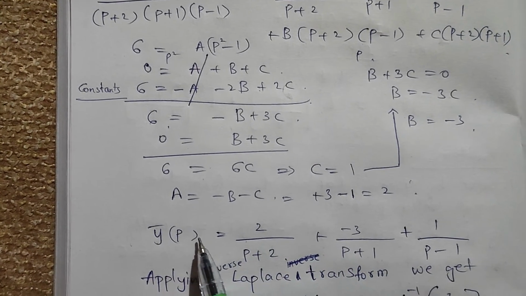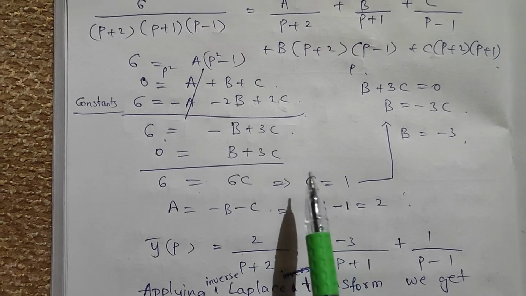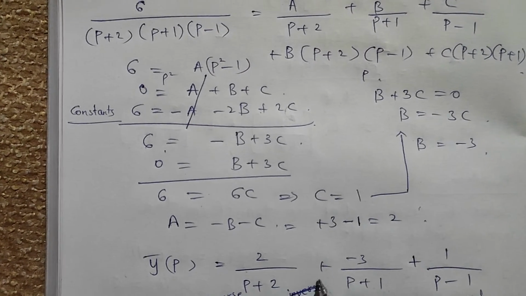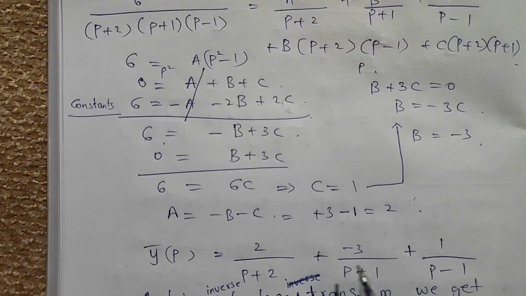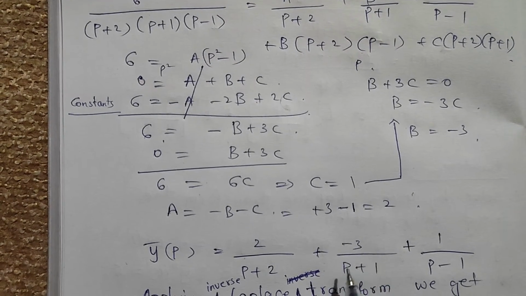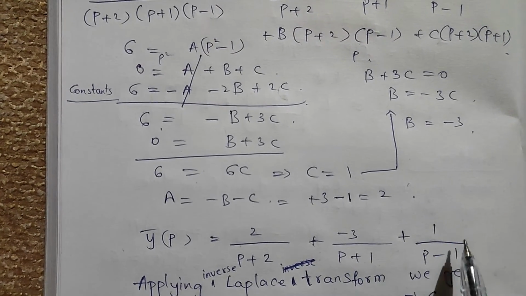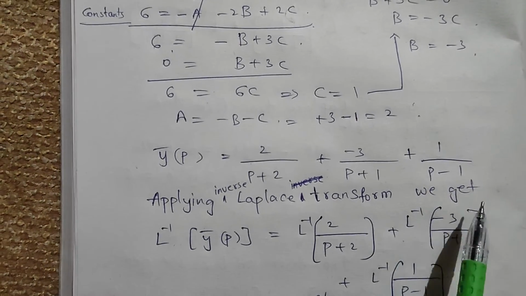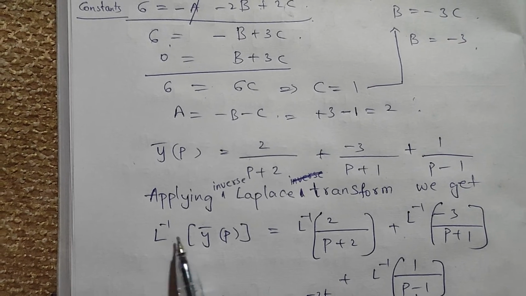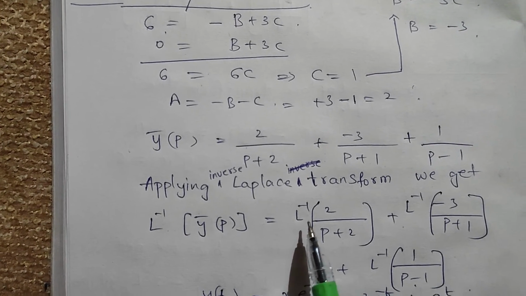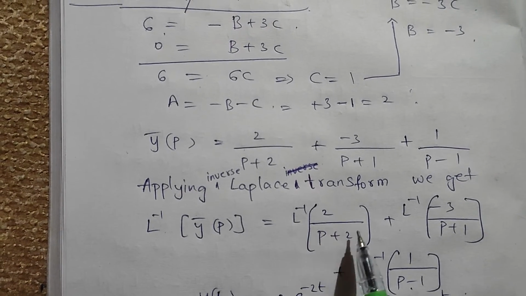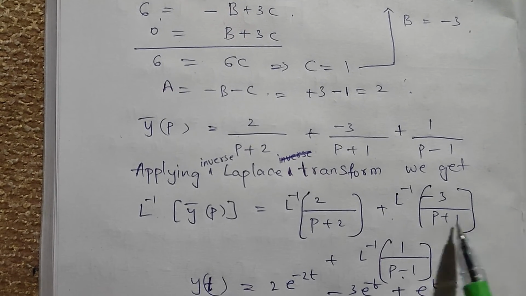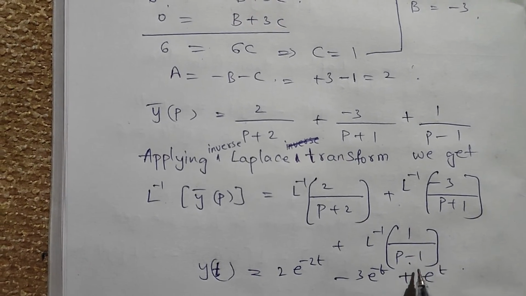Then y bar of p is equal to, we got it as, 2 divided by p plus 2 plus minus 3 divided by p plus 1 plus 1 divided by p minus 1. So now we are applying the inverse Laplace transform on this. We get Laplace inverse of y bar of p, which is equal to Laplace inverse of 2 divided by p plus 2 plus Laplace inverse of minus 3 divided by p plus 1 plus Laplace inverse of 1 divided by p minus 1.